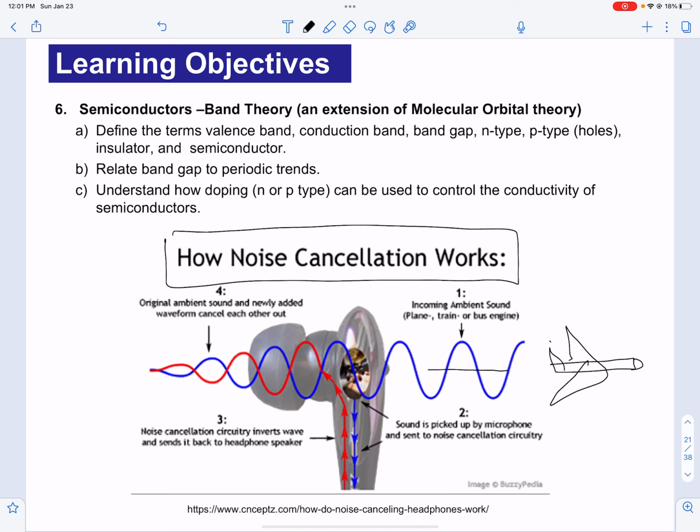Your headphones capture the noise, they send it through the computer setup, where it's duplicated on the opposite phase. When they come together, they cancel each other. So the concept of the wave can be used in a lot of places. We are using it with an electron.